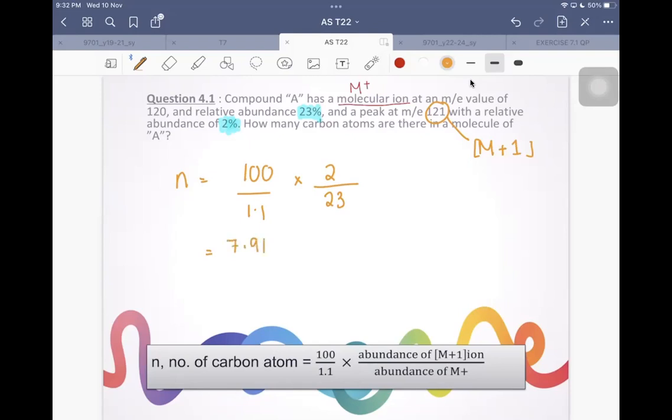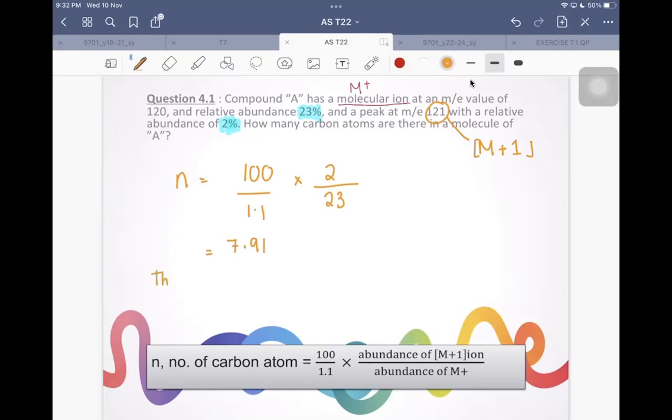And if I round it off to the nearest whole number, that would be 8, because the number of carbon atoms in a molecule has to be a whole number, okay? You cannot have 7.9 carbons in a molecule, all right? So that means this compound A has 8 carbons.